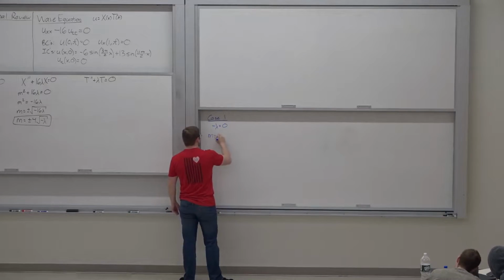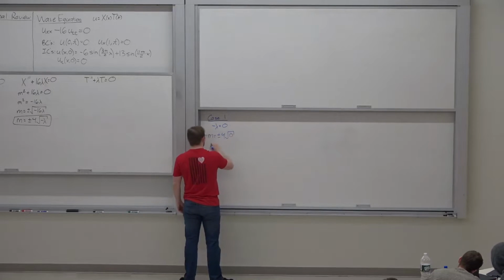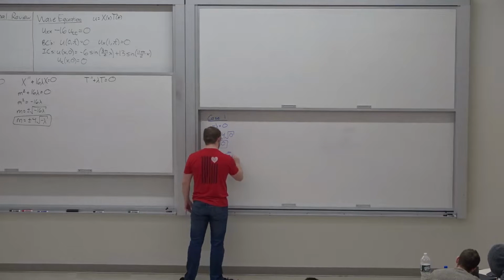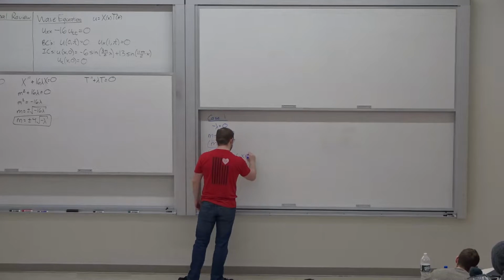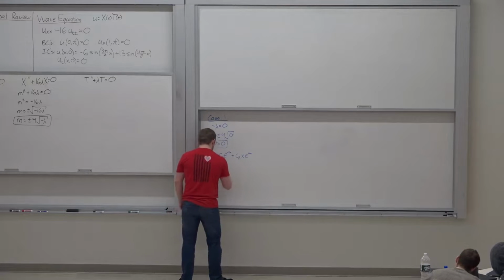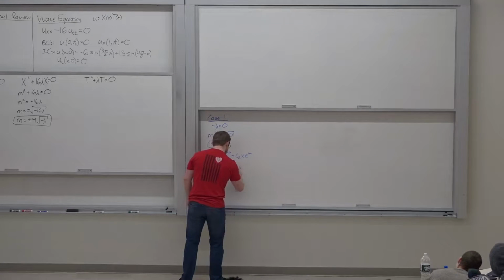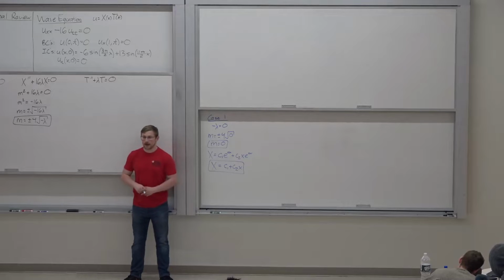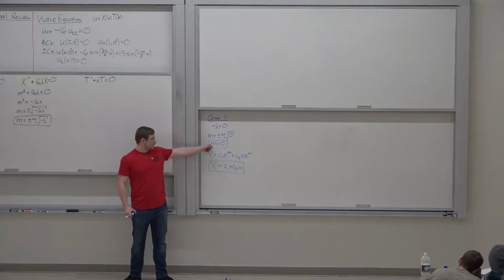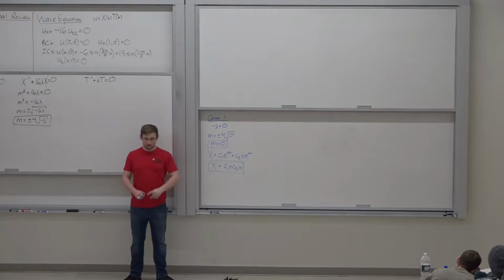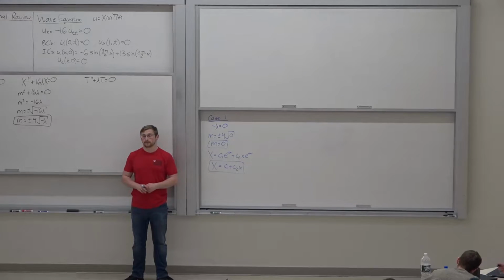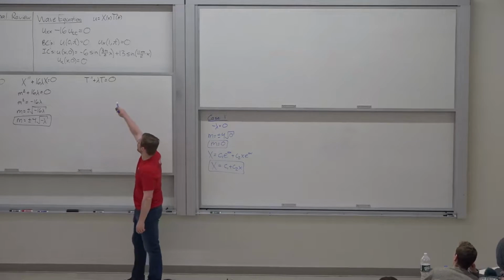Well, that means I have m is equal to plus or minus 4 times the square root of 0, which means m is equal to 0, which means my capital X is C1 e to the 0x plus C2x e to the 0x, or rewriting it, we get X is equal to C1 plus C2x. Same exact steps as we had for the last problem. Plug in lambda equals 0, we get m equals 0, and then we have our X is equal to C1 plus C2x. Next thing we need to do is we plug in our boundary conditions.